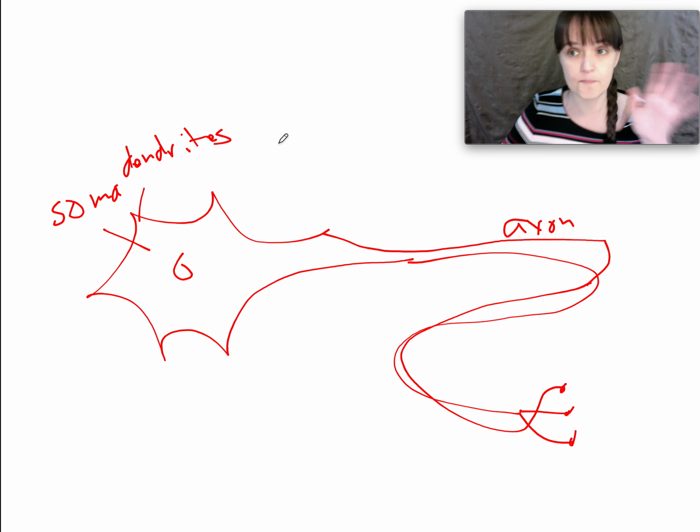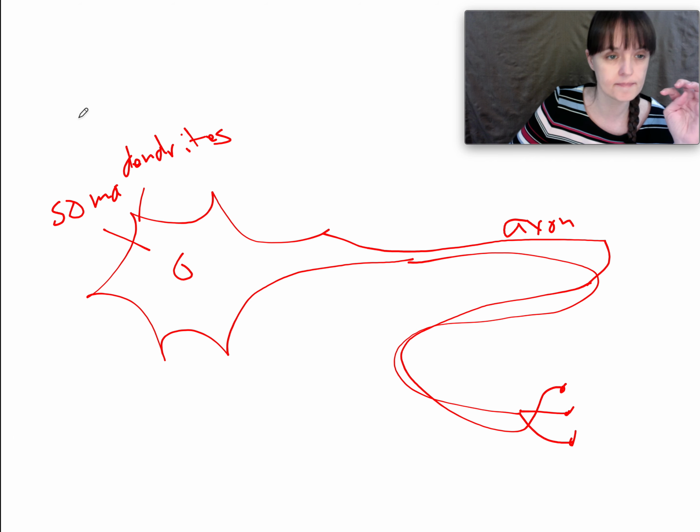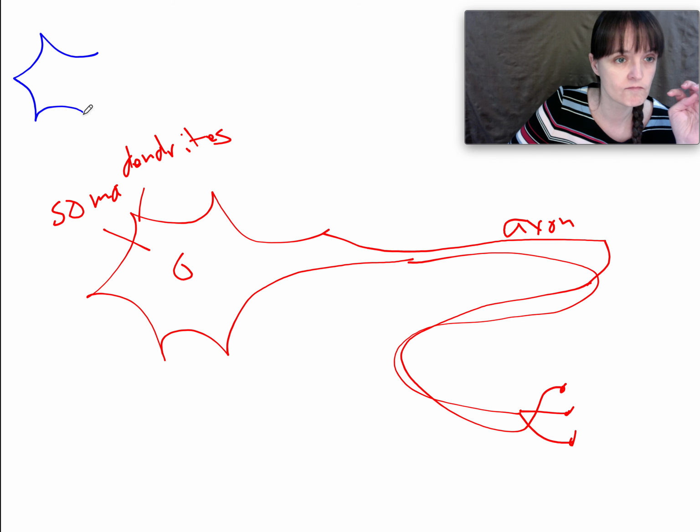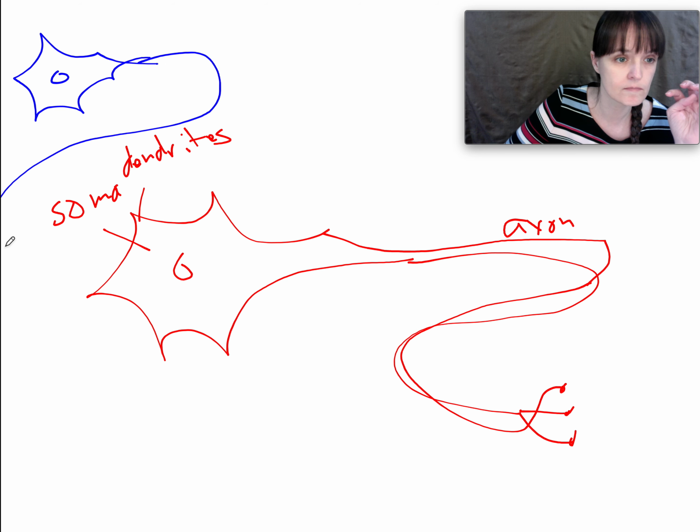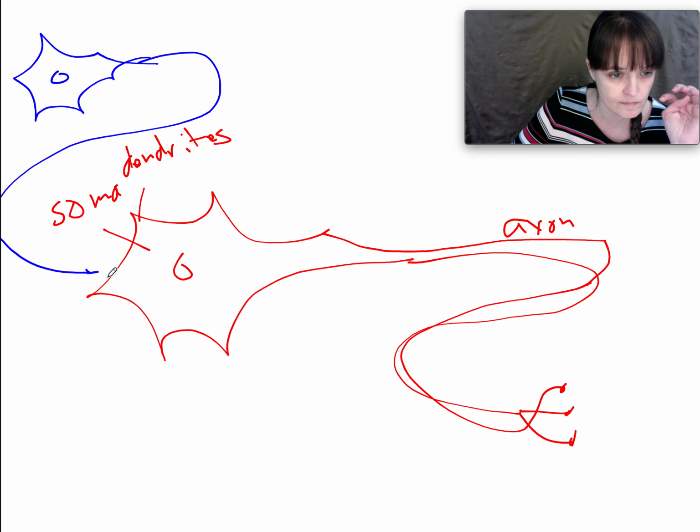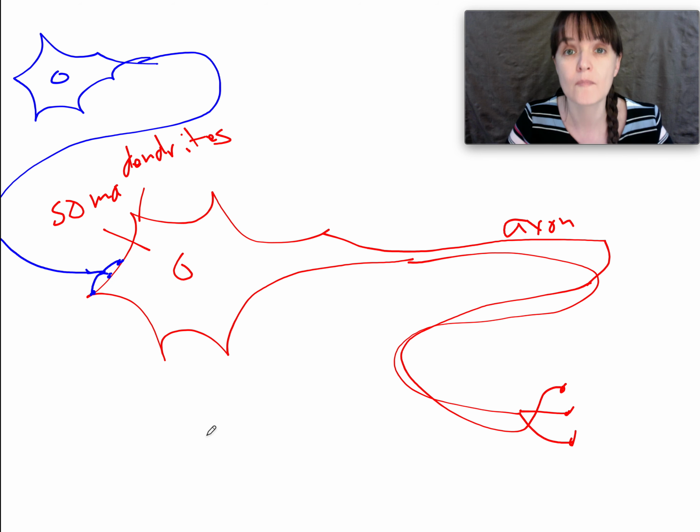The soma and the dendrites have chemically gated ion channels. So a different neuron somewhere else is synapsing with our red neuron.